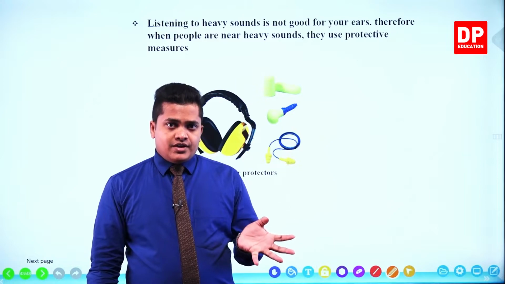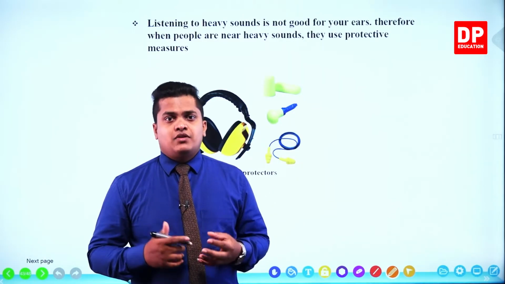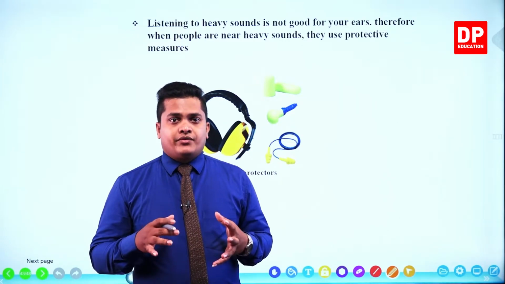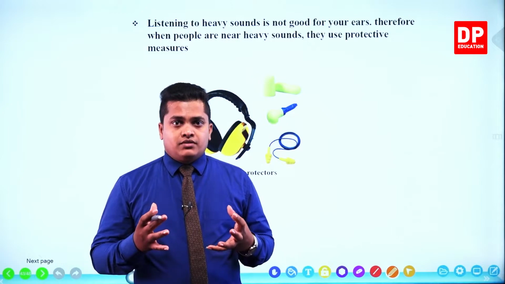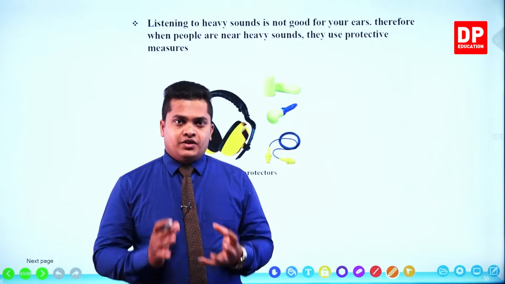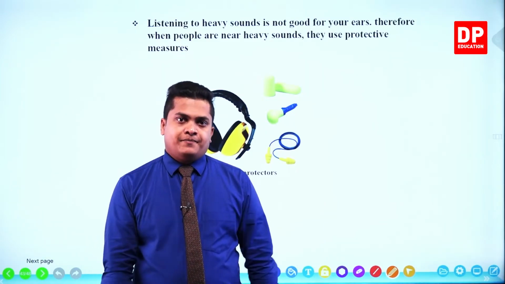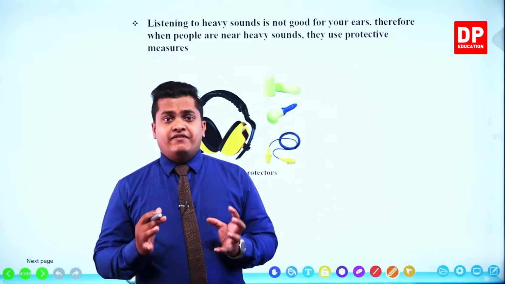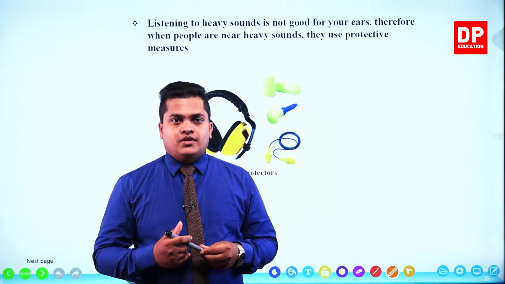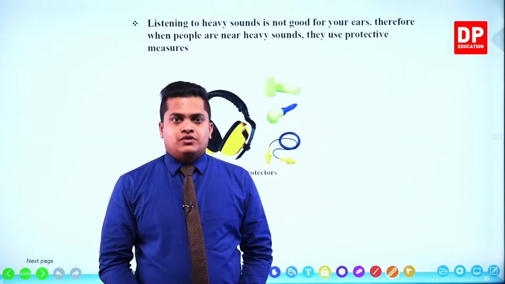When you are going near a certain machine which emits heavy sounds, like a jackhammer, or when you are in a factory. Let's imagine that you organized a field trip to a certain factory. Those factories have heavy sounds because they have different types of machines. So when machineries work, they emit heavy sounds.